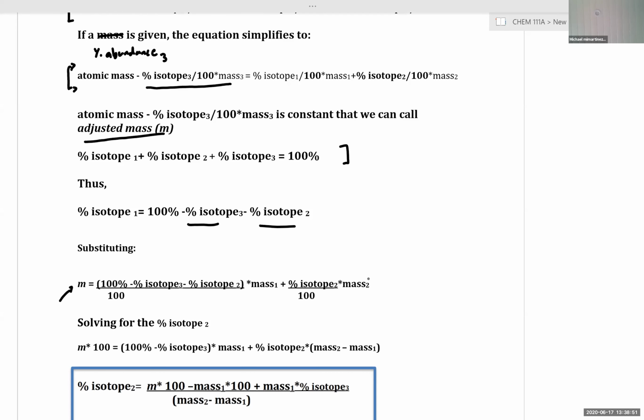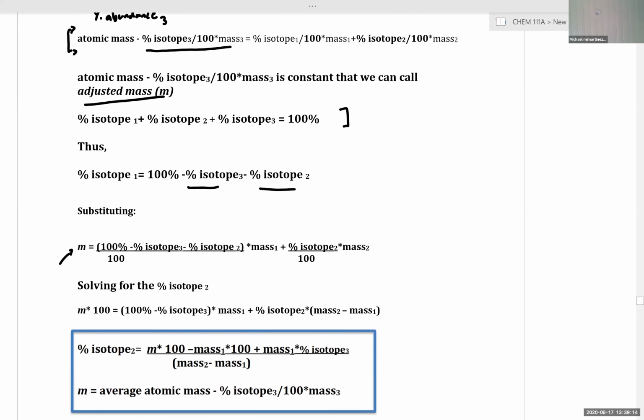I just want you to understand that the theme for this derivation is exactly the same as before. The only thing new is the algebra gets a little bit more tricky. That's why I've just typed it out instead of written it out, because the only thing that's changed really is just the algebra required. If we solve for the percentage of isotope 2, we end up with the following expression.